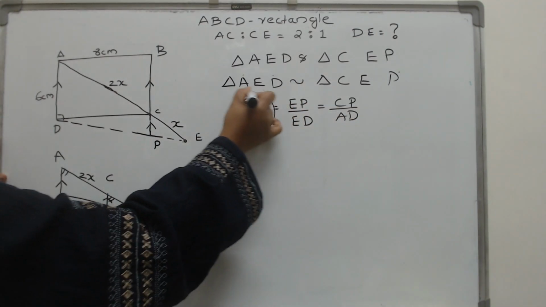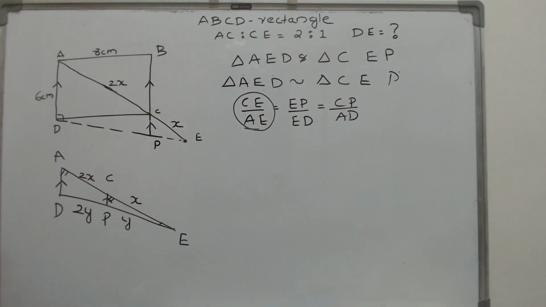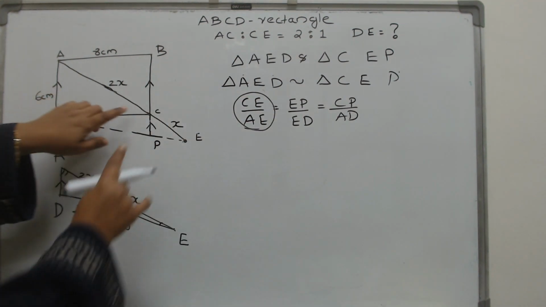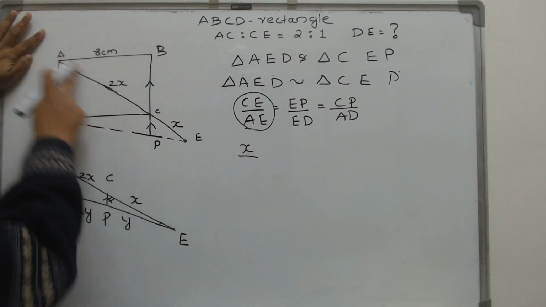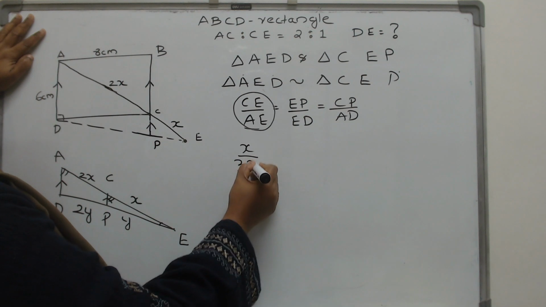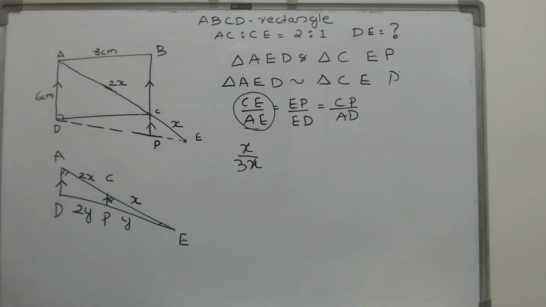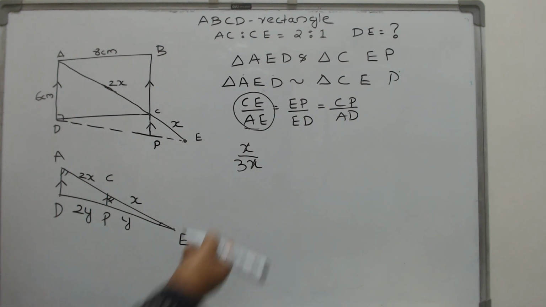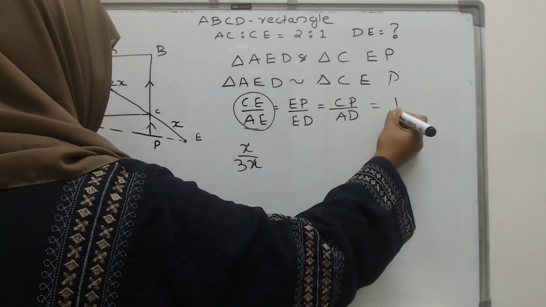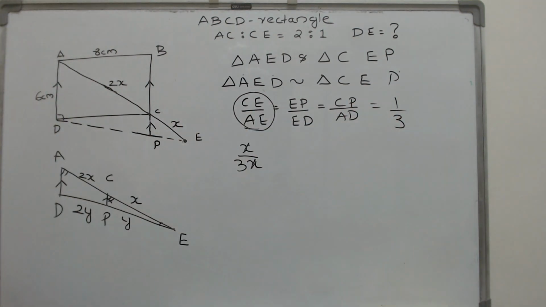What about this one? CE by AE, yes, we have information about it. CE is just x. AE is what? 3x. That means all of these three ratios are equal to 1 by 3.